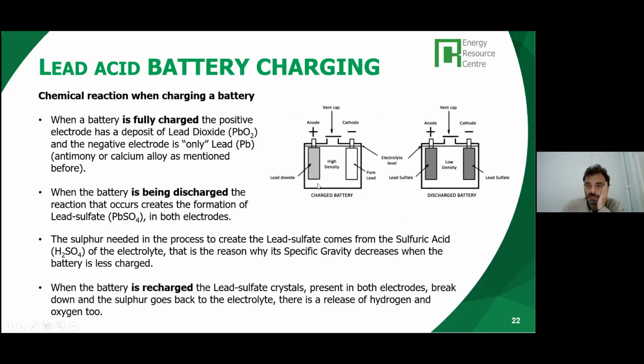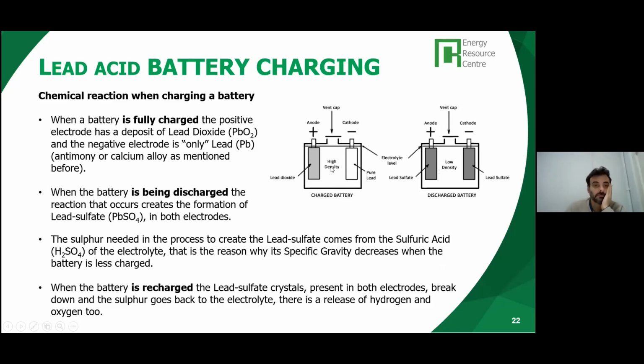So it is made of lead dioxide, and in the negative electrode we have only lead. This is the situation with a charged battery, and the electrolyte will have high density, a lot of acid in the electrolyte.